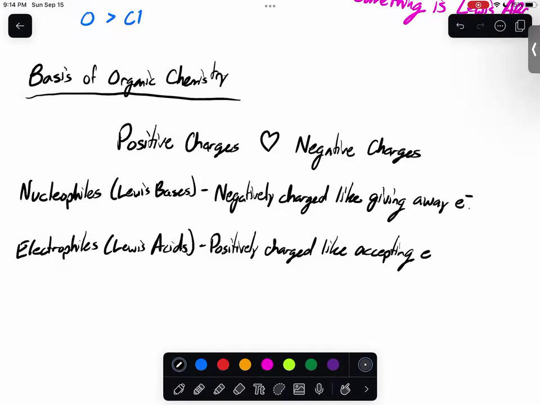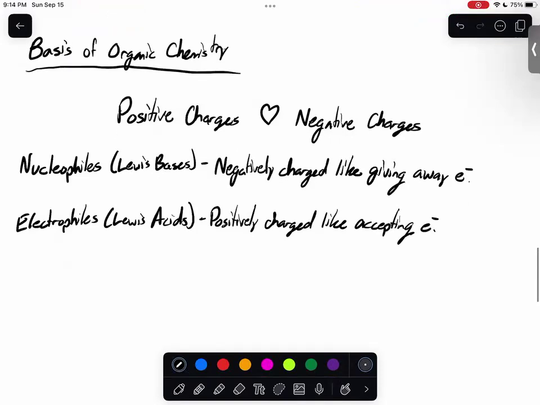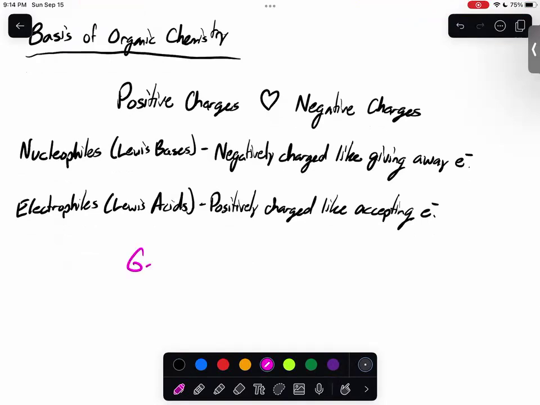And so what we're going to start doing now, which will actually help us a little bit later, is change the vocabulary a little bit when we look at Lewis acids and bases and start to define them as nucleophiles and electrophiles. Because what this boils down to is what I'll call the golden rule of organic chemistry, right? And it's very, very simple.